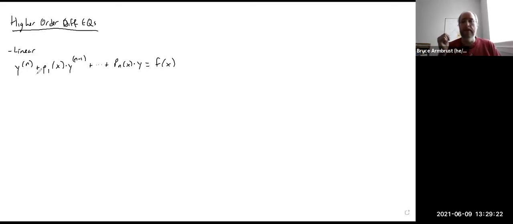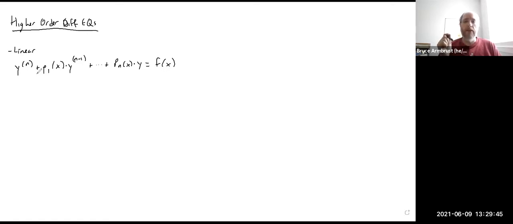Like, think about this. Have we done any second order differential equations that weren't linear? Because first order we did, right? We had the ones that were separable and had some other forms, like the exact and stuff like that.